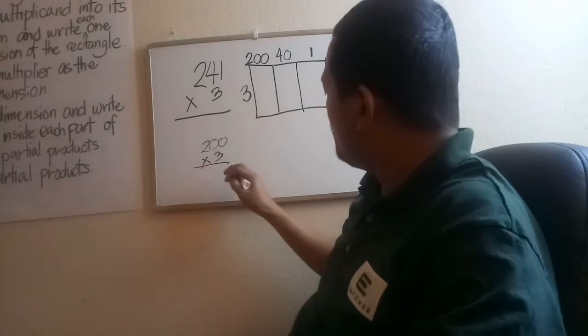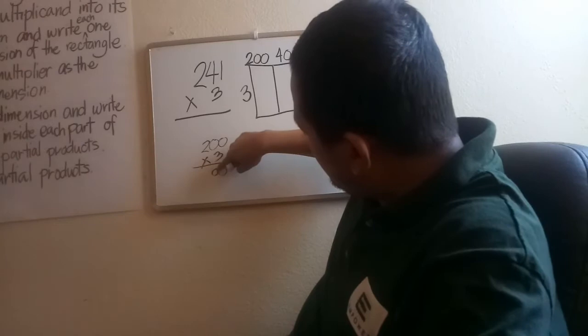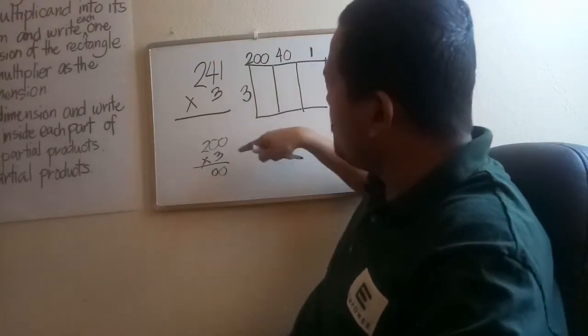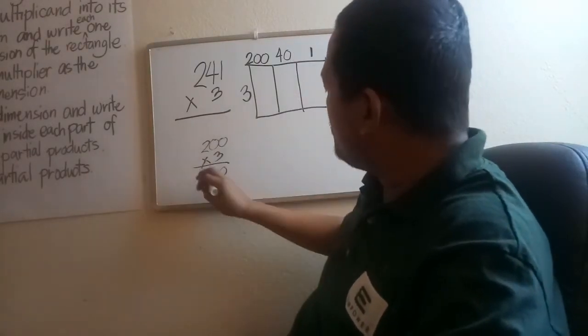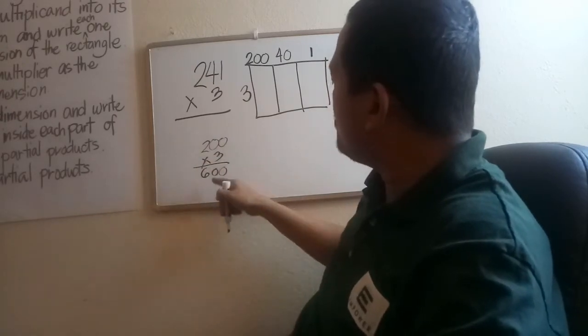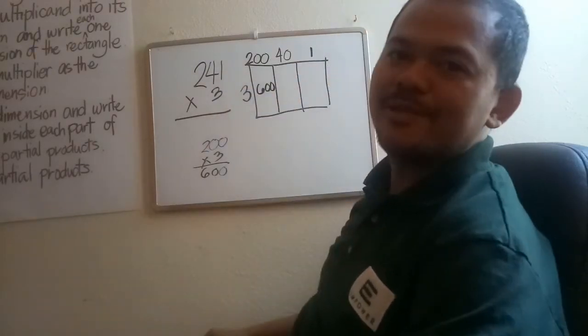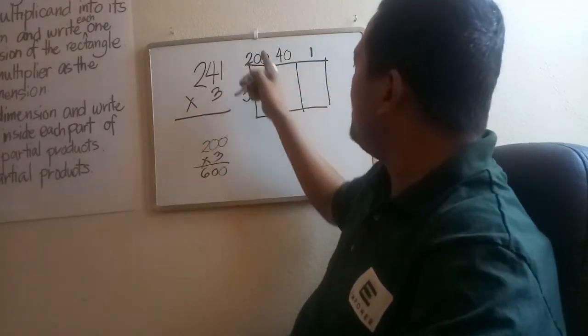We got 2. So you got here 2 zeros, then multiply 3 times 2 equals 6. So the answer is 200 times 3 is equal to 600. So you write here 600. There you go. This is your partial product already for hundreds.